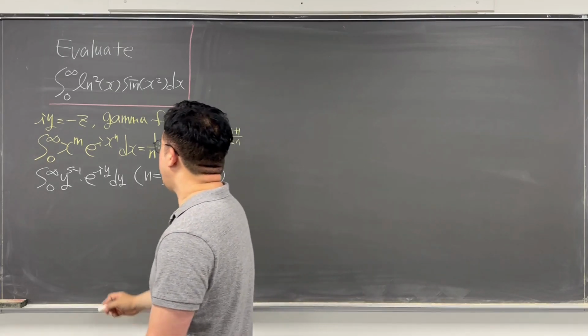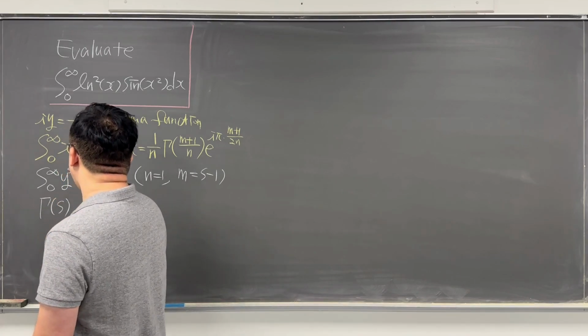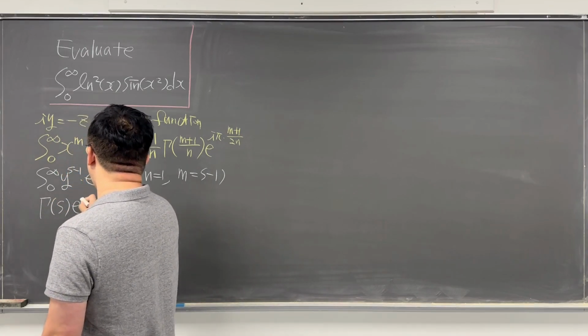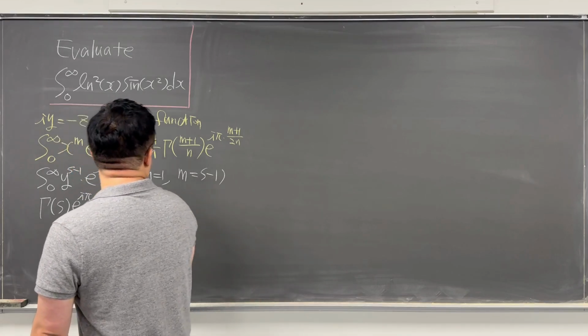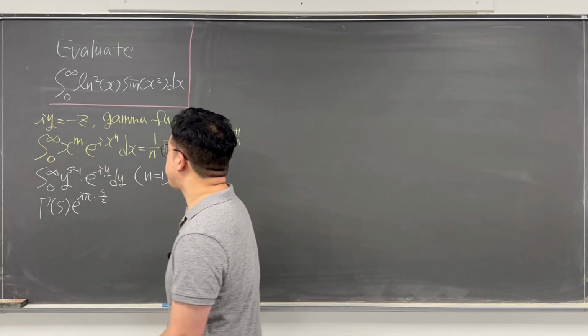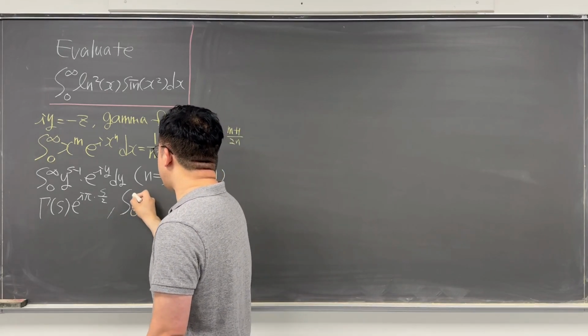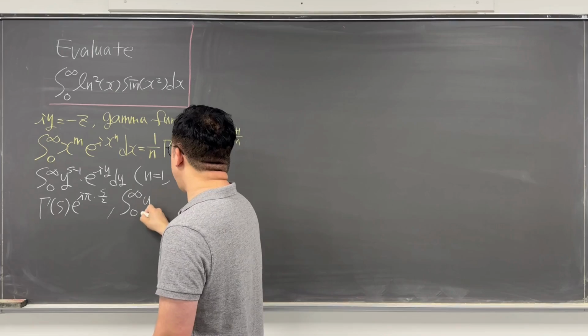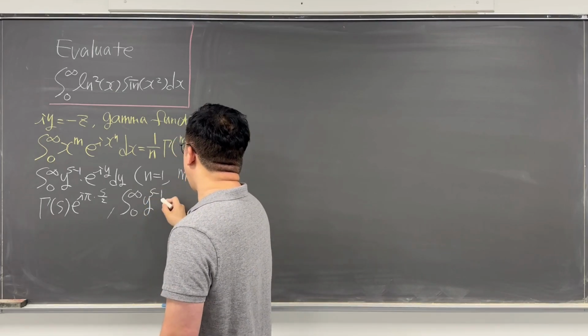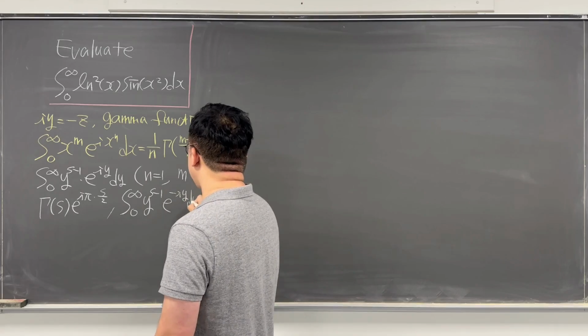Okay, so that's why it has to be the same as gamma of s times e to the power of i pi times s over 2. Then at the same time, if you think about also this integral from 0 to infinity of y to the power of s minus 1 of e to the power of the other one, negative i y, dy.